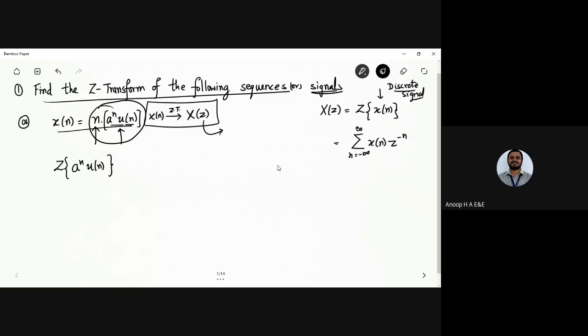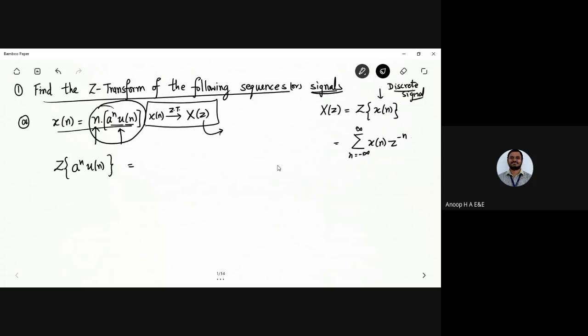Anyone can unmute and let me know whether this signal a power n u of n is a right-handed sequence or a left-handed sequence or a double-sided sequence. I had recorded and posted a few videos related to Z transform.